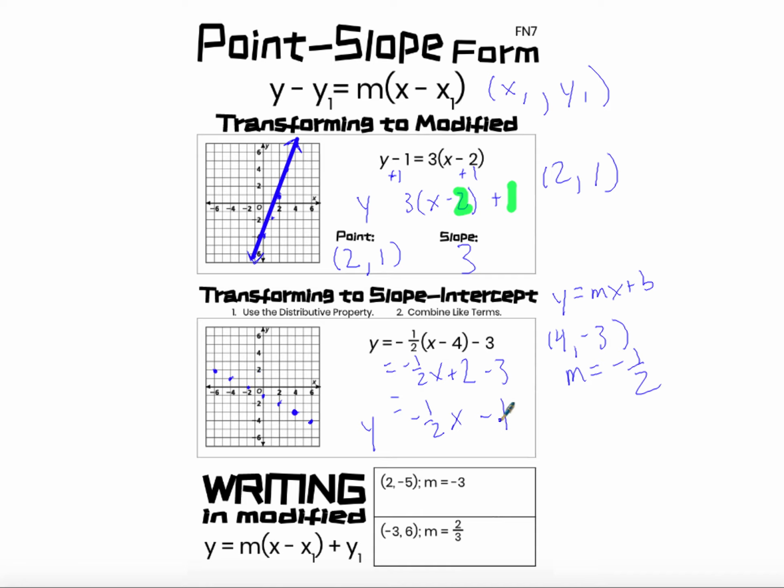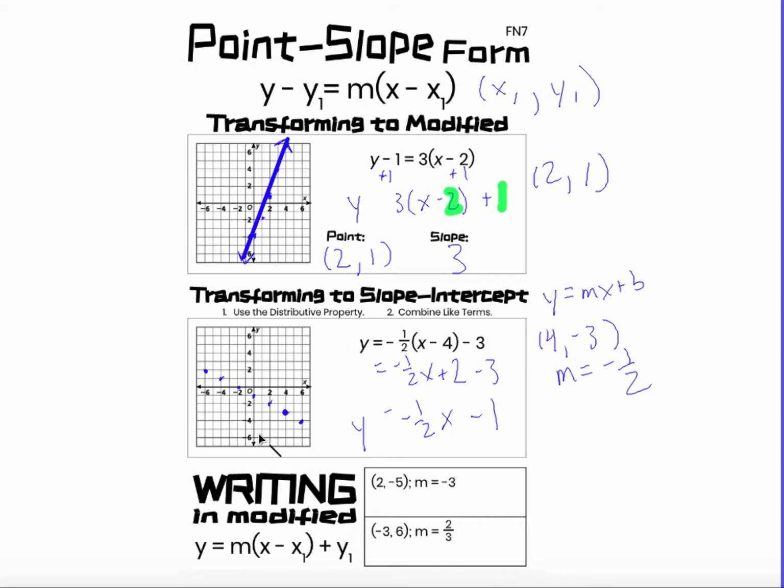And before I draw my line, which actually makes it a little less clear on here, I'm going to check from my transformed equation, have I graphed it correctly from modified point-slope form? Yes, I have a y-intercept of 0, negative 1, and my slope is negative 1/2. So this is a really, really useful way to check your line.